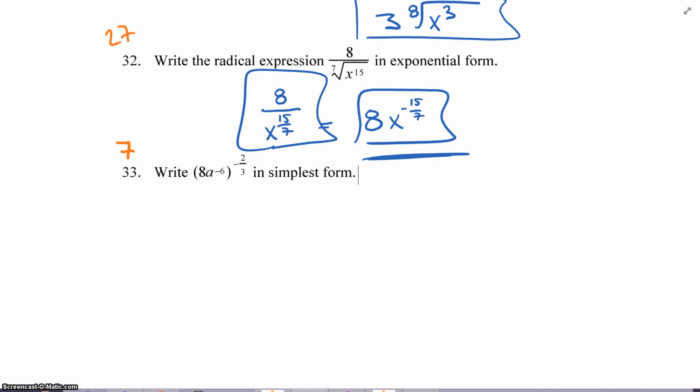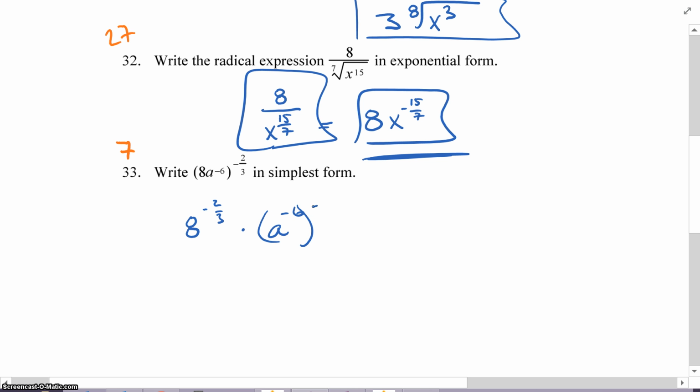Number 33, last but not least, write 8a to the negative 6 to the negative 2/3 power. Now, the exponent in this example is going to be distributed to the a and the 8. So let's rewrite it as 8 to the negative 2/3 power times a to the negative 6th to the negative 2/3 power. Let's prime factor 8. That's 2 cubed, right?